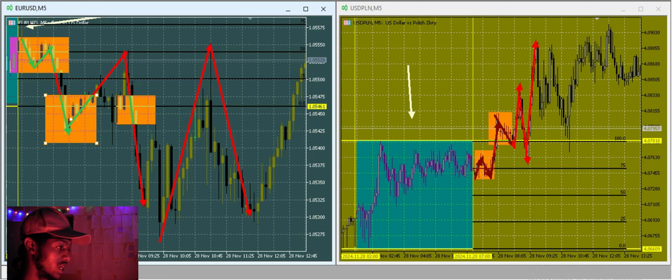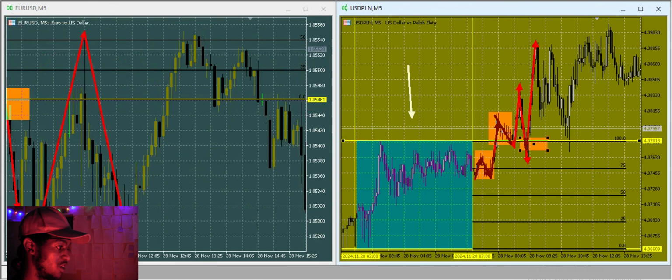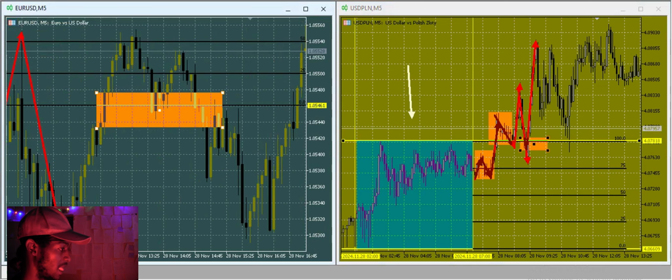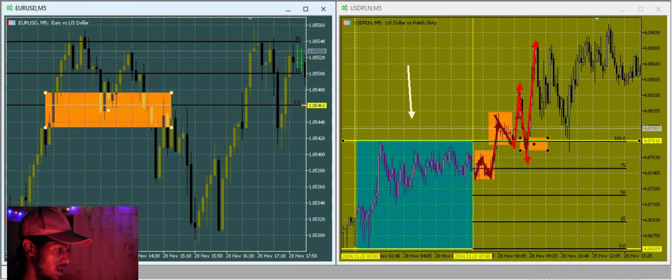And then the opposing currency, you can see after retracing, it broke the Asian high once again. We can carry on with the whole thing again, where it retraces back in and then breaks the Asian low again. And this can also be seen around about there, where it retraces back in and also breaks the Asian high once again.